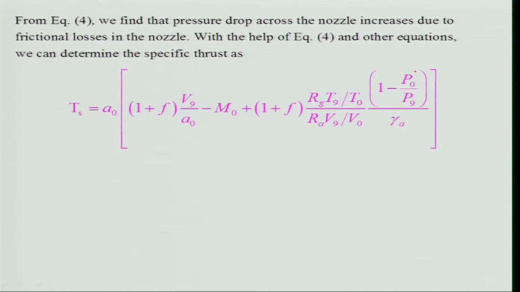In the case of a convergent-divergent nozzle, P naught by P 9 generally must be known. If you know this, then you can derive. If it is choked, you can do that.